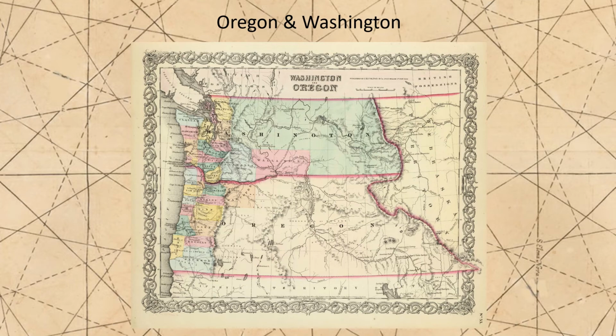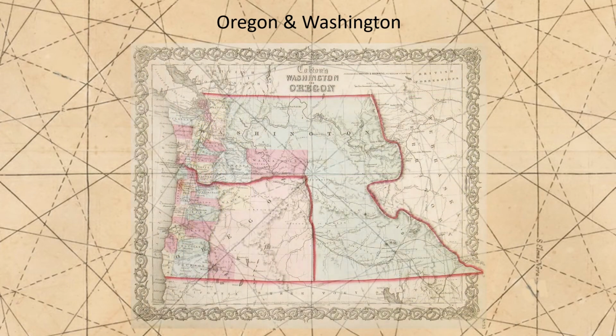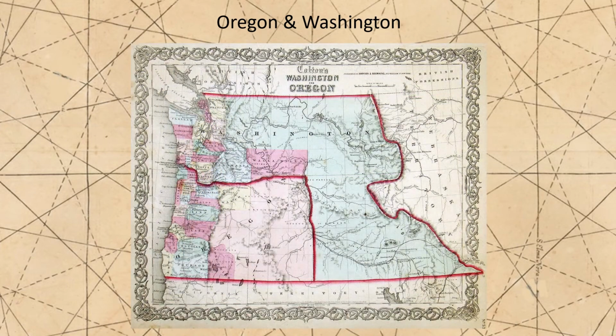By the late 1850s, the western part of Oregon Territory had achieved sufficient population that statehood was applied for. So in 1859, the western half of the Oregon Territory was granted statehood, with the eastern part of its territory added to the western territory, creating this inverted L shape.